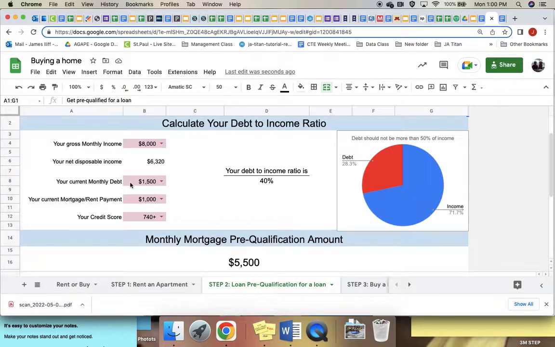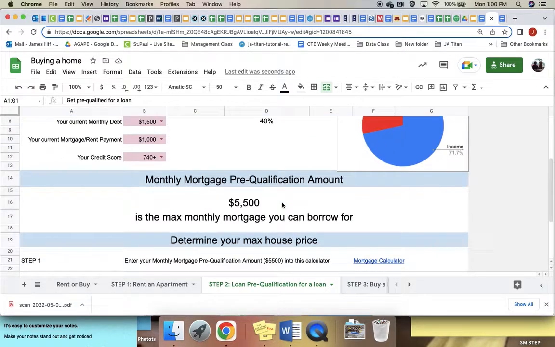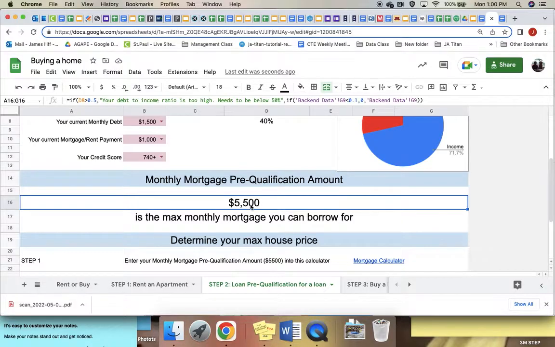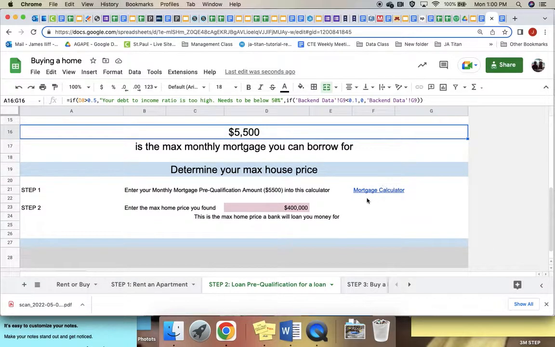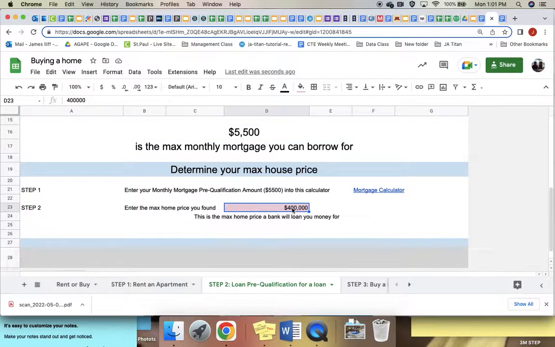They're going to put some debt information, their credit score, and it's going to give them what the bank pre-qualifies them for as a monthly mortgage. They're going to use this monthly mortgage calculator to figure out what is the max home price they can afford. And in this case, it's $400,000. This is the max house they can afford. So they've just been pre-qualified for a loan.